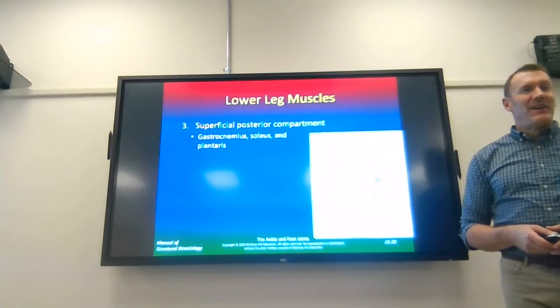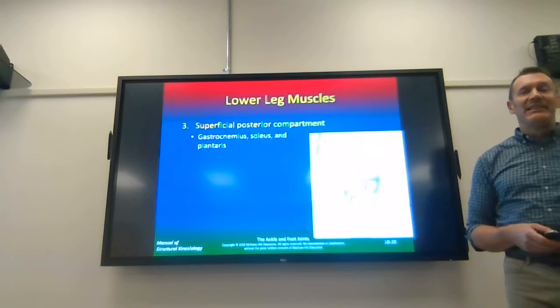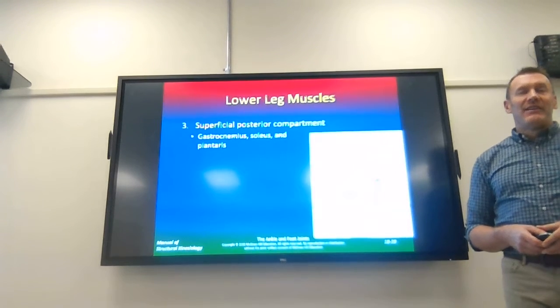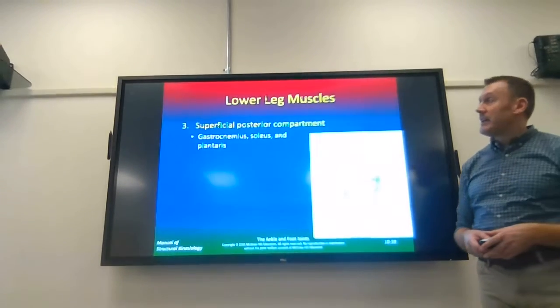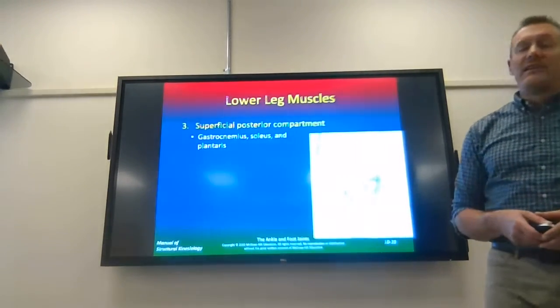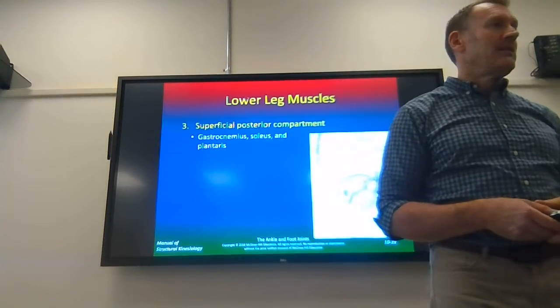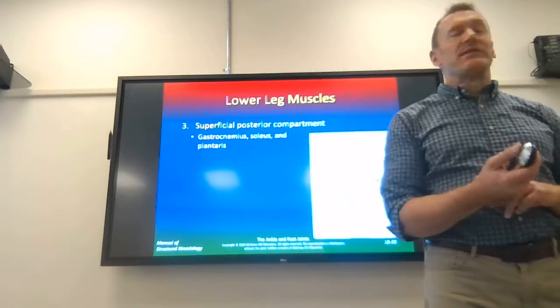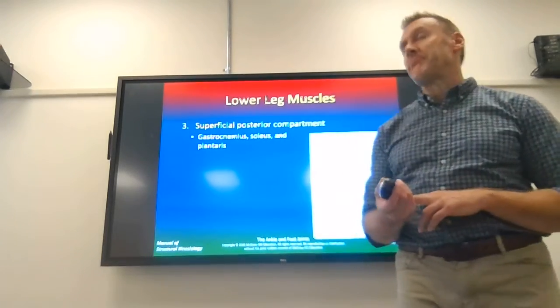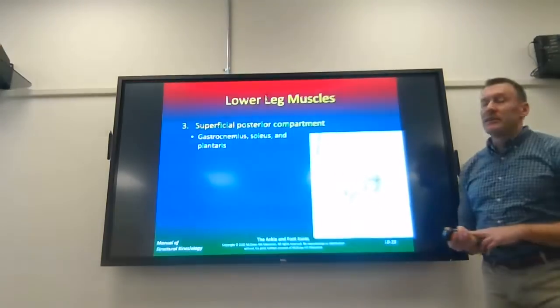We don't talk a lot about the plantaris. It's just a tiny little muscle with a very long tendon that contributes to plantar flexion a little bit. The plantaris is kind of like the palmaris longus, only it's in the leg versus the forearm. It looks a lot like the palmaris longus.